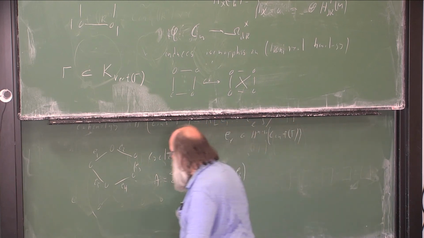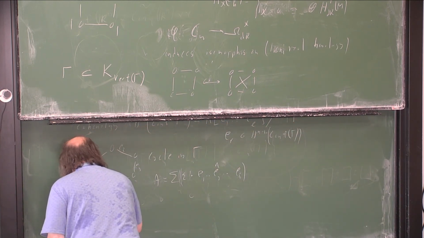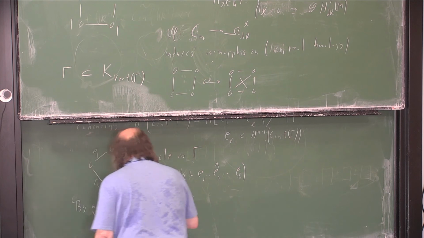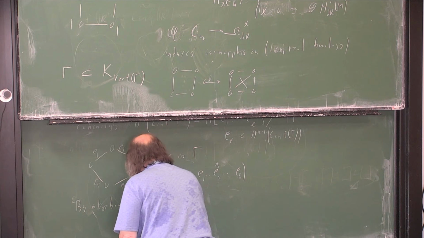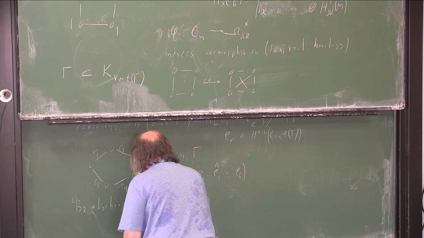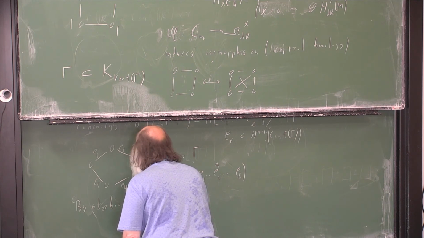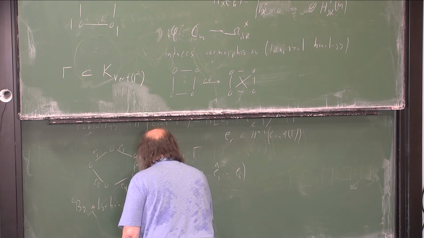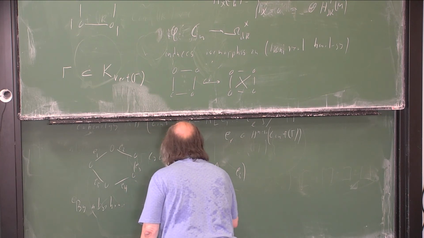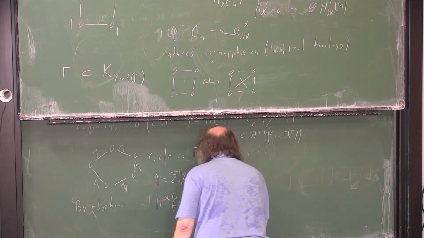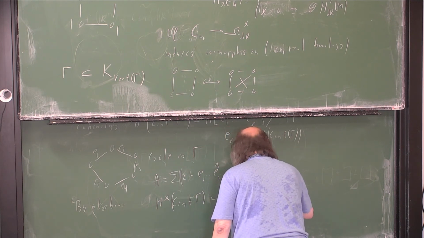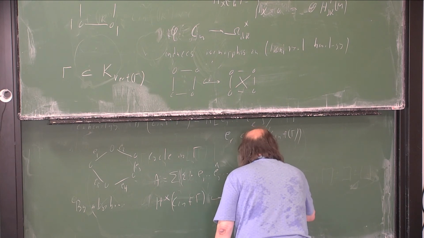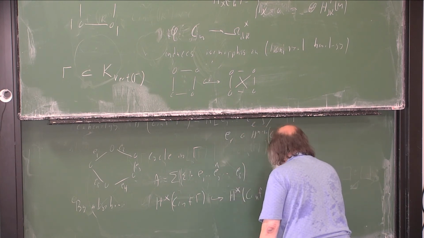Now you can show by algebra that if you form this ring, which we now know what it is, then it injects into the homology of the configuration space of the complete graph.